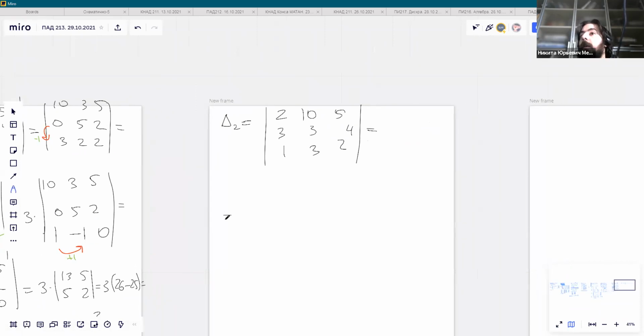So once again, I have to compute it. I did something interesting with the other group with this determinant, but I forgot what.